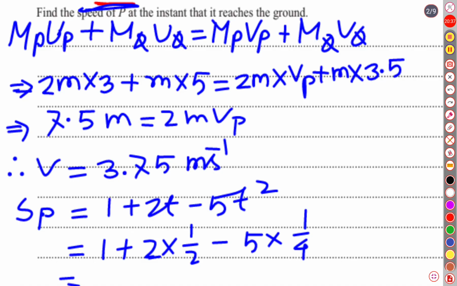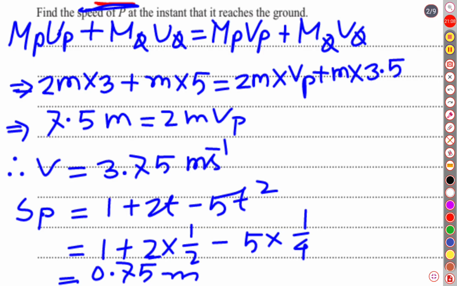So if we simplify, it is going to be 1 plus 1, 2. From 2, if we subtract 5 by 4, which is 1.25, it is going to be 0.75. So 0.75 meter is the height from the ground.